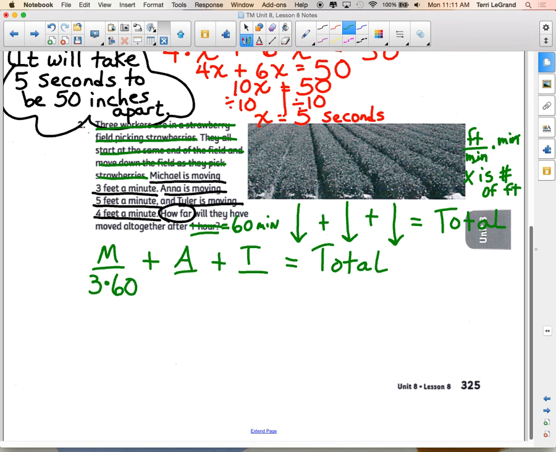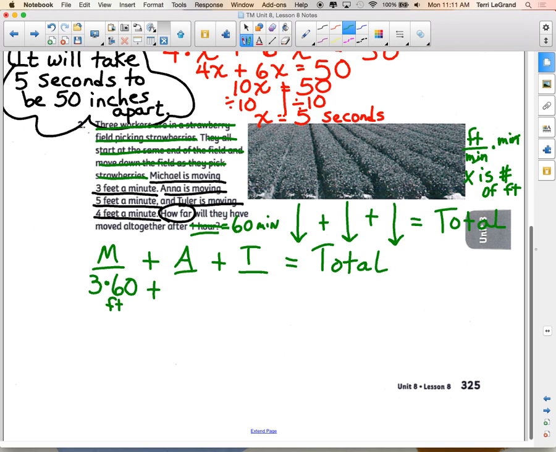We are doing how far. What's happening here is we're taking 3 feet over 1 minute times 60 minutes. So the minutes cancel away and we end up with feet. We're still taking 3 times the 60.